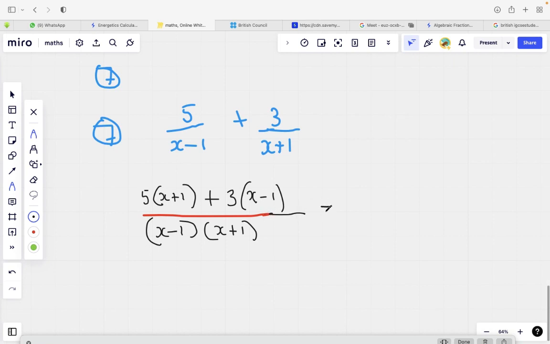So our next step will be to expand the numerator. 5 times x, we have 5x. 5 times plus 1, we have plus 5. Then we have plus 3 times x, we have plus 3x.